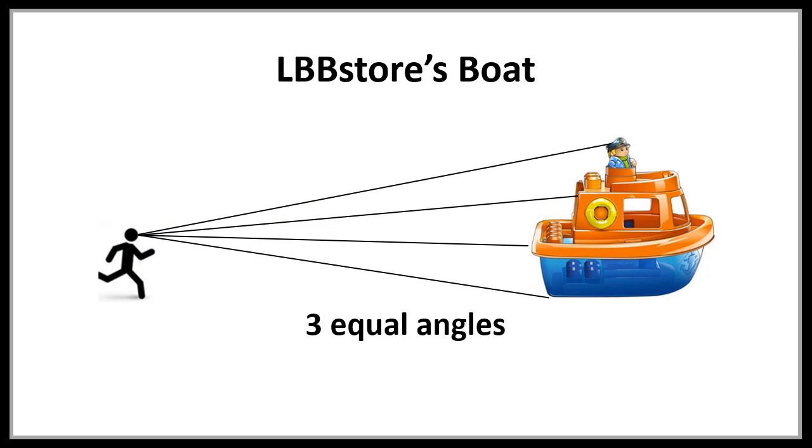So let's go back to LBBstore's graphic of the boat, but this time we're going to divide the boat into 3 equal sections. And I'm sure everybody should agree that as this boat goes off into the distance, these 3 angles are going to get smaller and disappear at the same time.